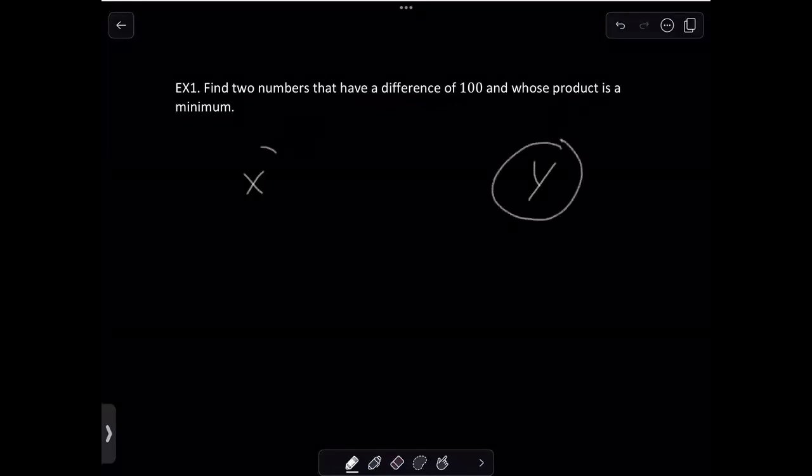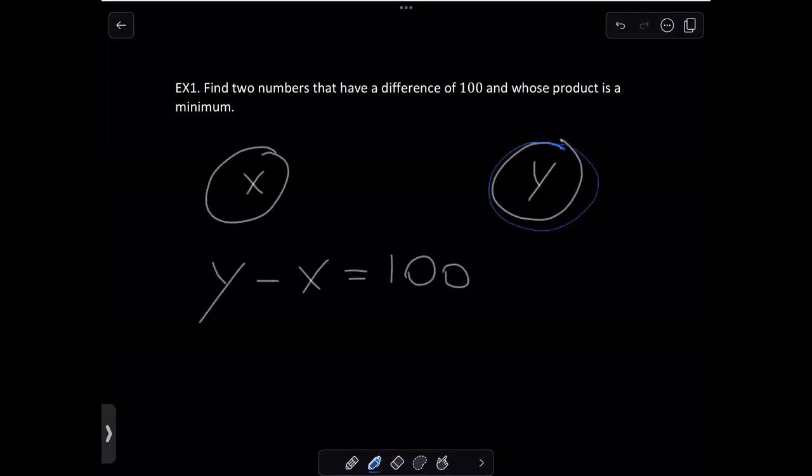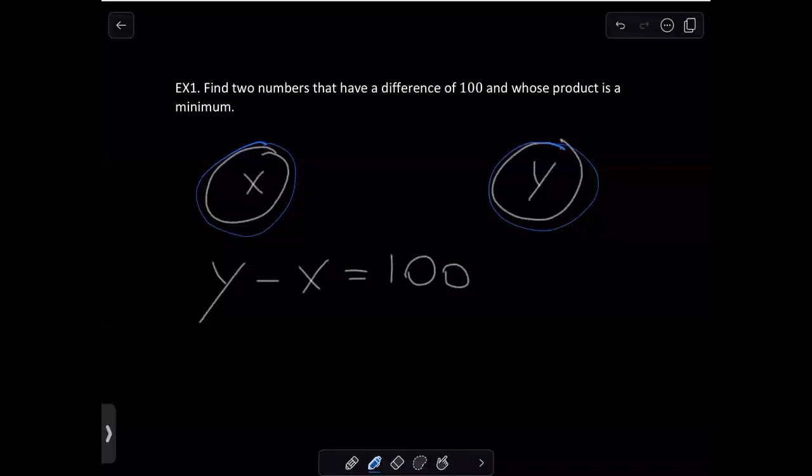So it means if I take y and I subtract x, so y minus x, that is going to be equal to 100. Okay, so if I pick y to be 150, then x has to be 50 because 150 minus 50 is equal to 100. Now, usually what we do when we're solving these optimization problems is we want everything, our function, to be in terms of a single variable.